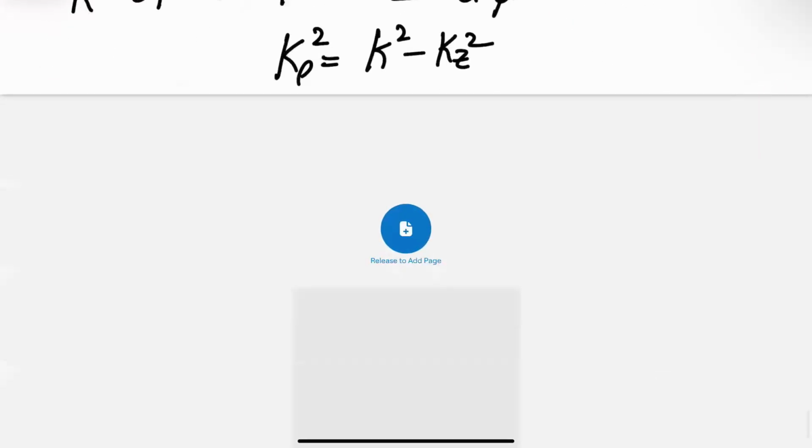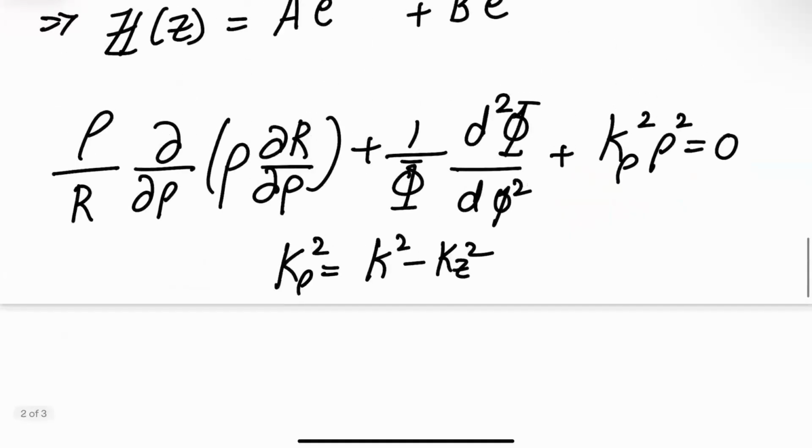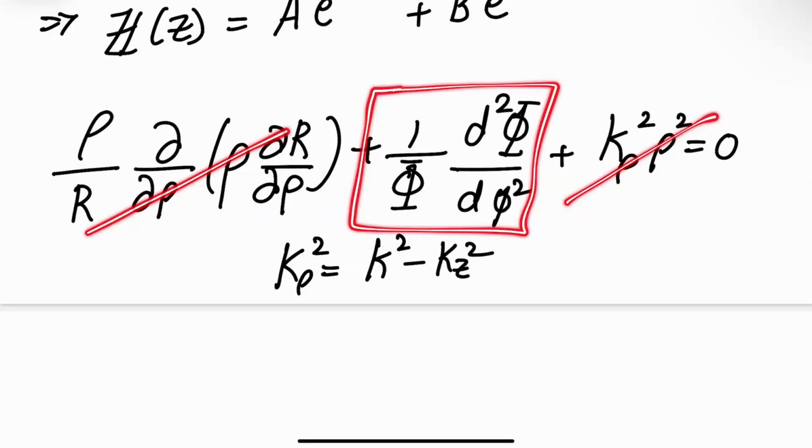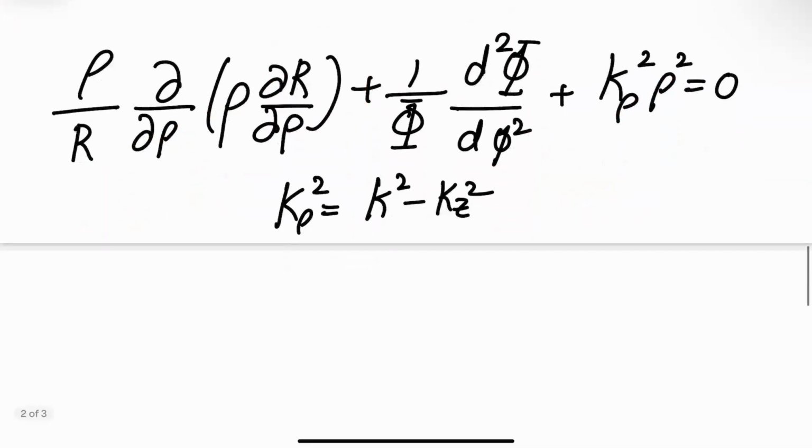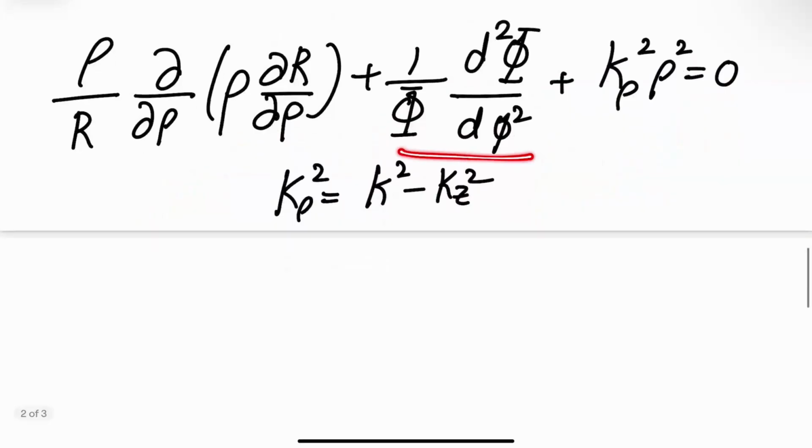Okay, so once again, in this equation, it's the same argument that only this is a function of phi. It's not a function of phi, this is not a function of phi. So if phi is changing, then since these two don't change, this also should not change. So this should also be a constant. And of course, this cannot be a function of rho because we know phi is not a function of rho. So it's not a function of rho, it's not a function of phi, which means it's a constant.